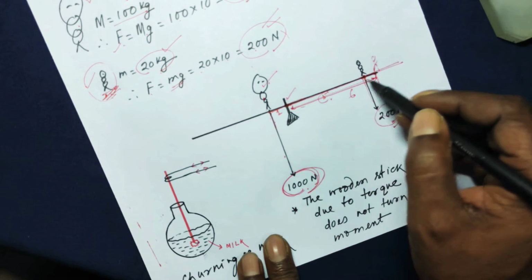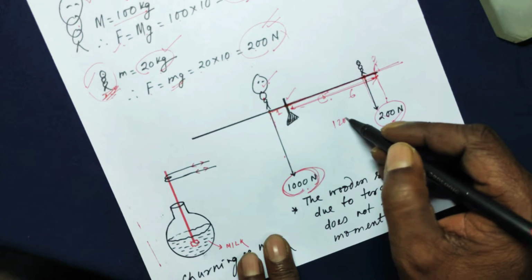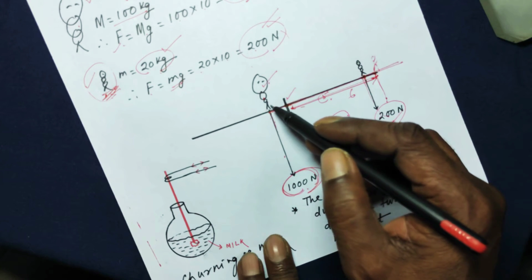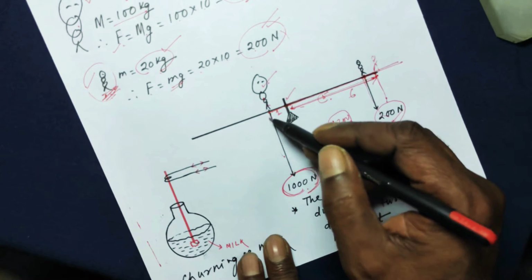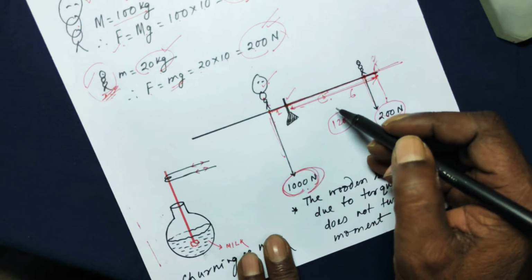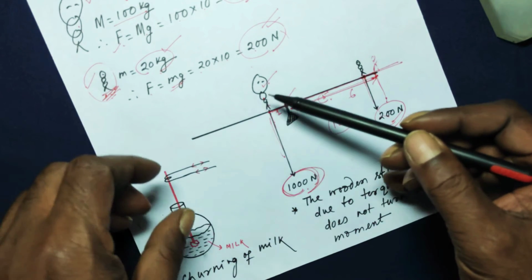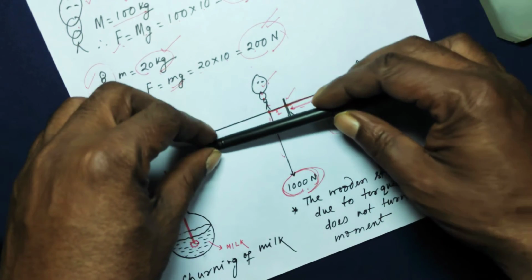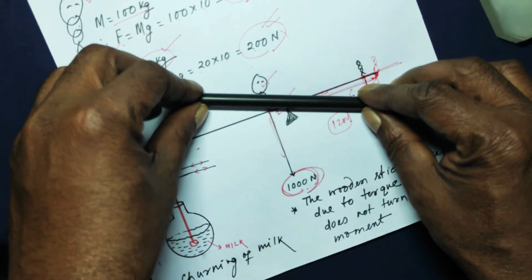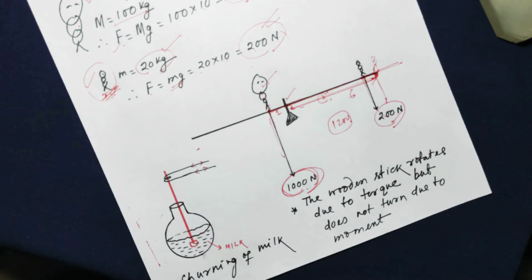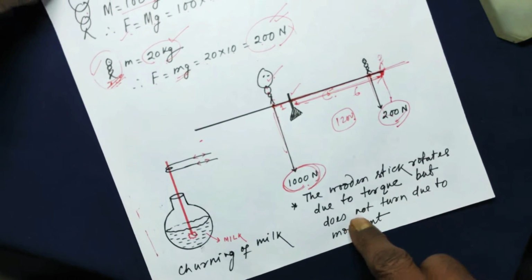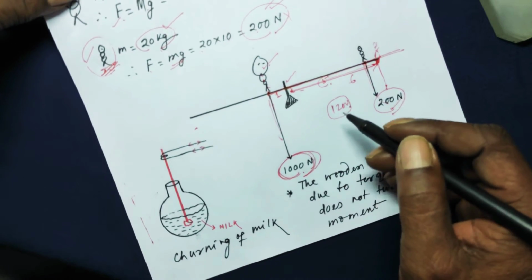So 200 into 6 will be 1200, whereas this person is applying 1000 into 1, that is 1000. In that case, this gentleman having 100 kg weight will be lifted off like this. That is how the moment of a force about a given point works.